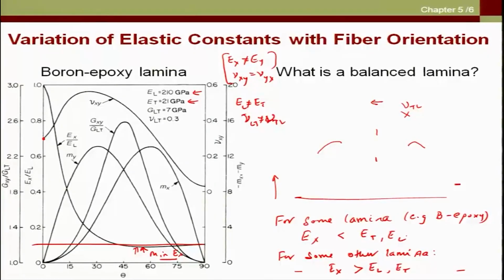So, for some lamina, at least in case of boron epoxy, we have seen that Ex min, I am sorry, I should have written min, the minimum value of Ex can be less than that of Et and EL, and we can also construct some other special lamina with specific properties such that their Ex max can exceed EL and Et.